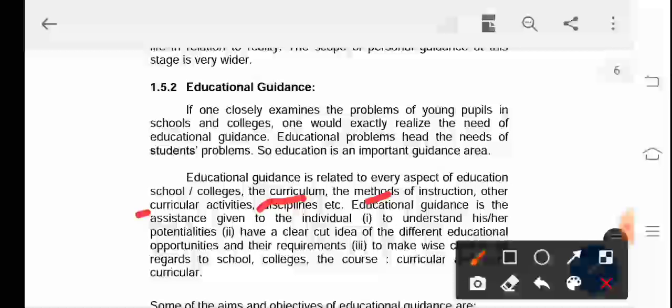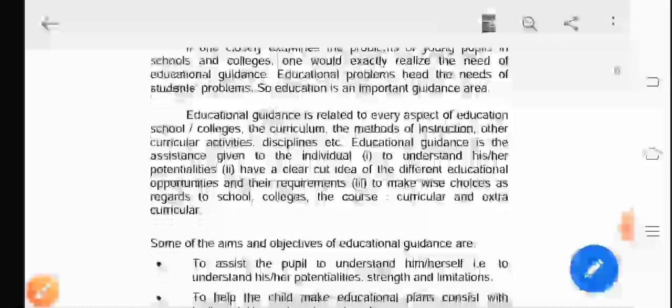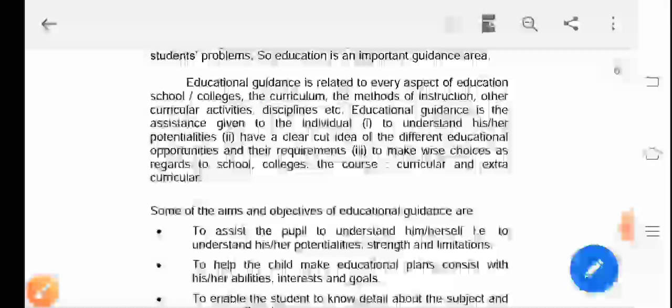Besides, the students get clear-cut ideas about the scopes and opportunities available in different educational institutions and their requirements. Moreover, it helps an individual to make a wise choice regarding the selection of school, college and a particular course, maybe curricular, co-curricular or extracurricular.